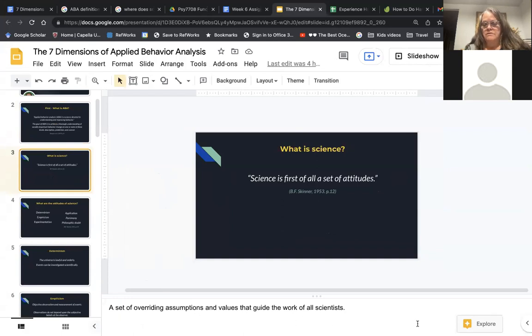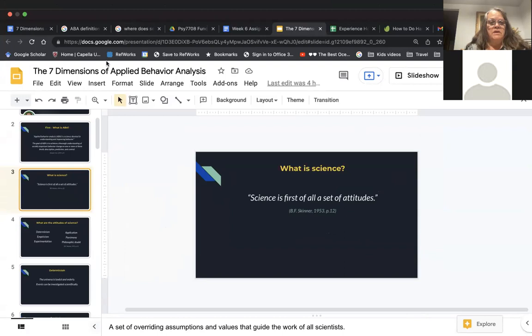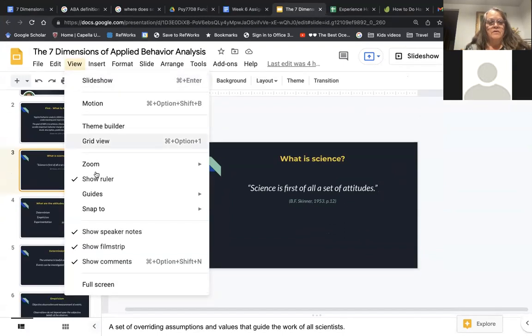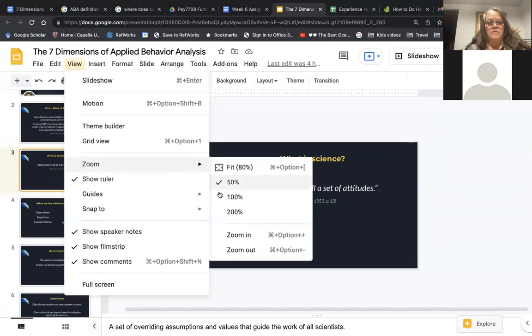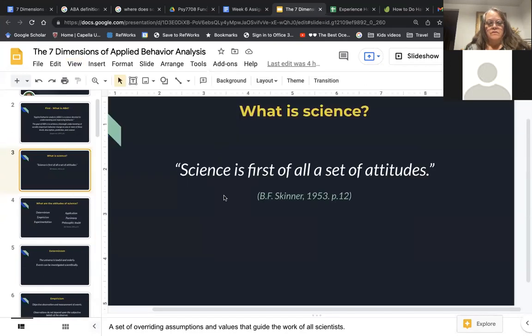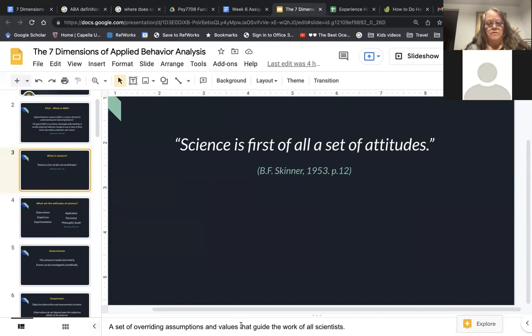If I can maybe get this bar out of the way. Yeah, I think I can put that up to the top. Okay, now let me maybe get this up a little closer. Okay.